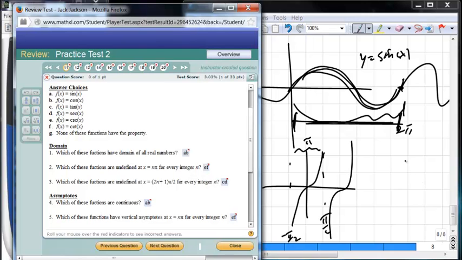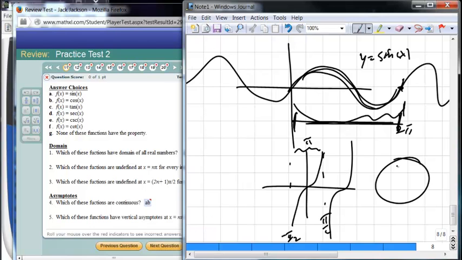So every multiple of pi says your terminal side is going to be either straight this way, even multiples of pi, or straight this way for your terminal side. Well, in either case, the y value is 0. So any of the trig functions that divide by y, like r over y or x over y, would be undefined. Well, which are these? Y over r is sine, so r over y is cosecant, and y over x is tangent, x over y is cotangent.